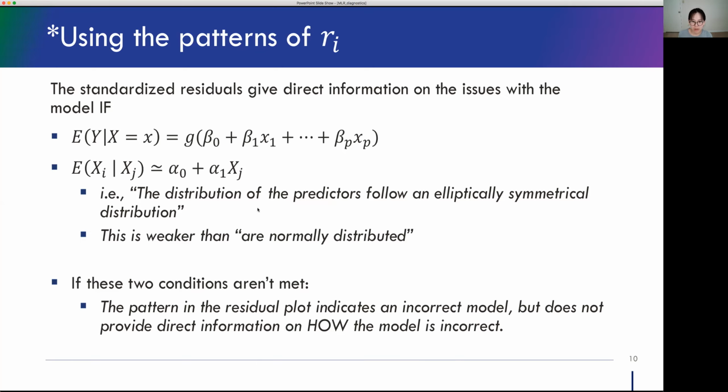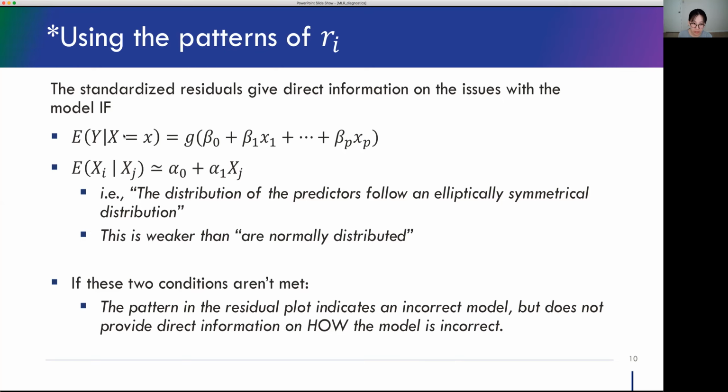So this is saying the distribution of the predictors follows an elliptically symmetric distribution. This is a weaker assumption than saying those predictors are normally distributed, so it kind of relaxes the condition of normality.